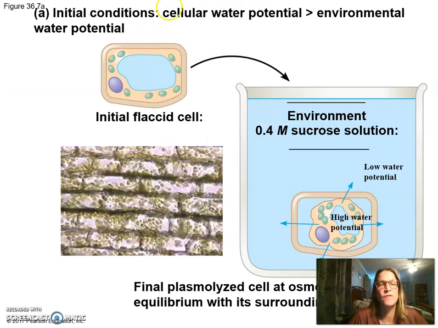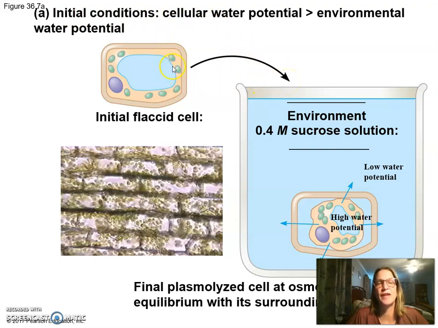So this is from that first example where we had the flaccid cell. Again, the flaccid cell actually has low water potential, where you would expect water would want to move into this cell. However, if we put it in an environment that has an even lower water potential, then the initial conditions are that the cellular water potential is higher than the environmental water potential.